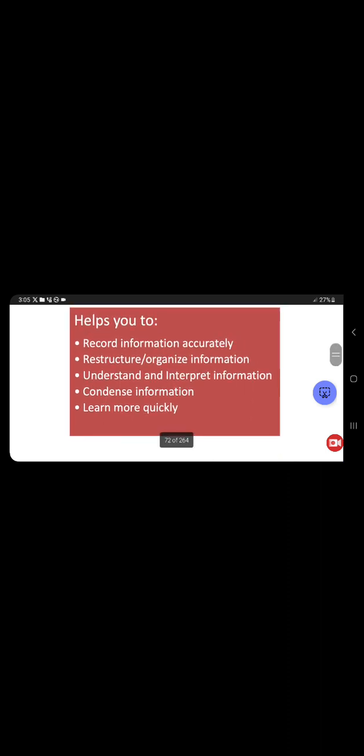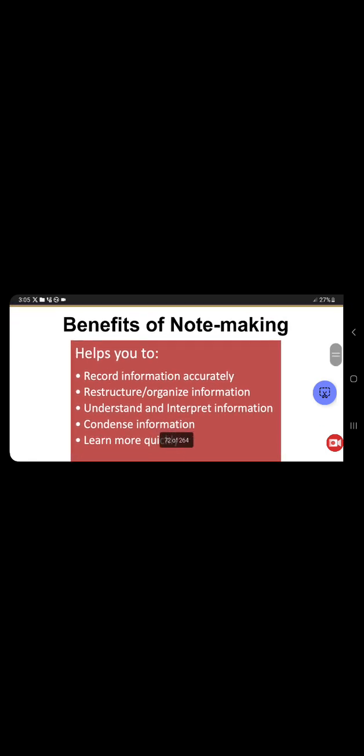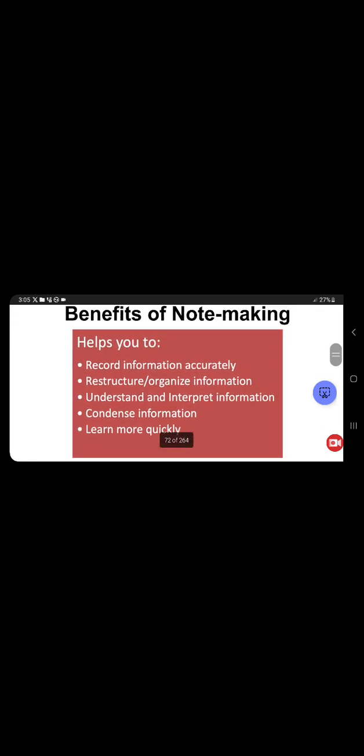And another benefit of note taking is to understand and interpret your information. So if the information is on paper, you can interpret it. If you give me your notes to interpret, I may not be able to do that, because some people write something as STH.